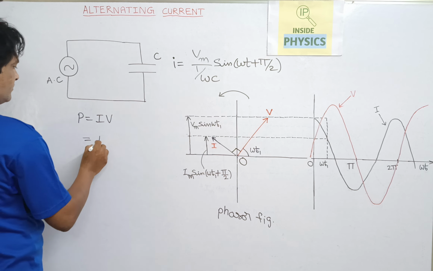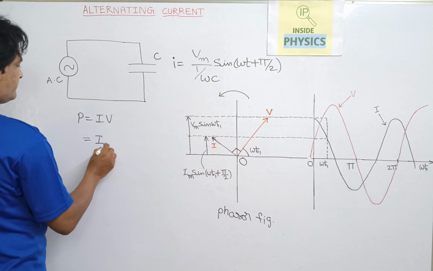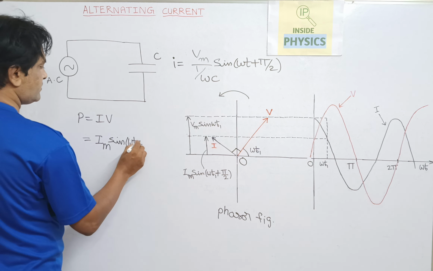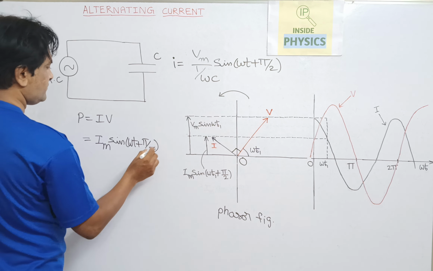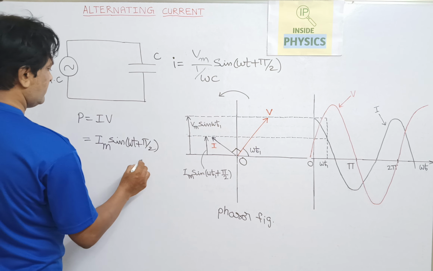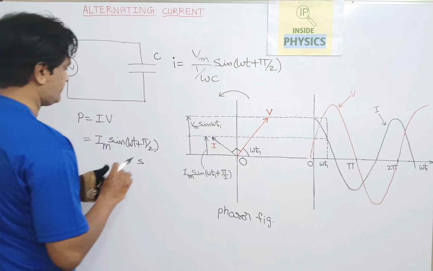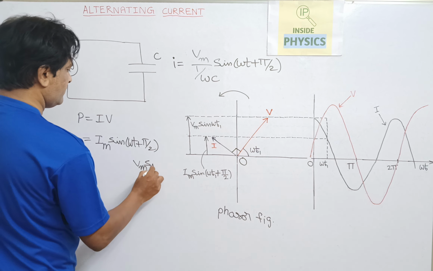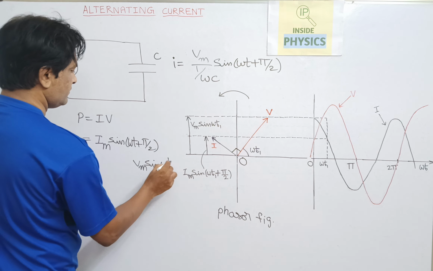So I is equal to Im sin(omega t plus pi by 2), and V is Vm sin omega t.